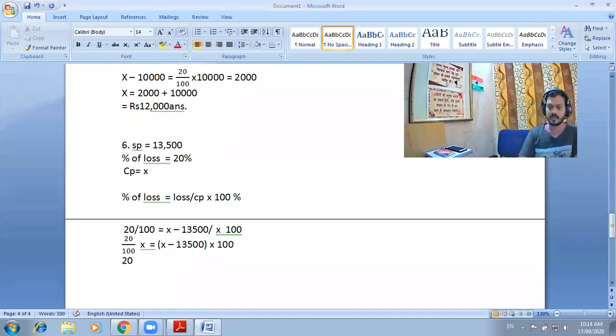Okay, 20 into X equals, after multiplying, 10,000 X minus 13,500 multiplied by 10,000.